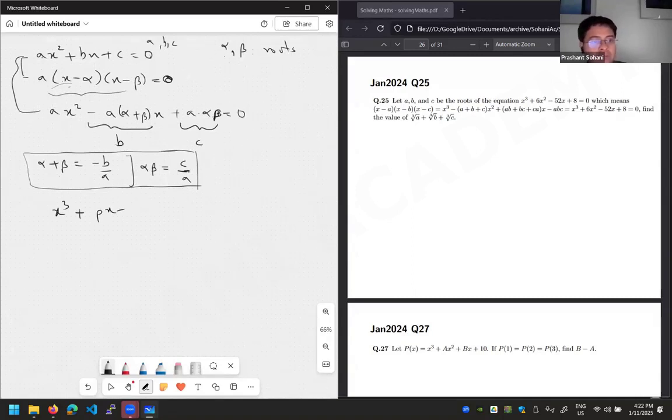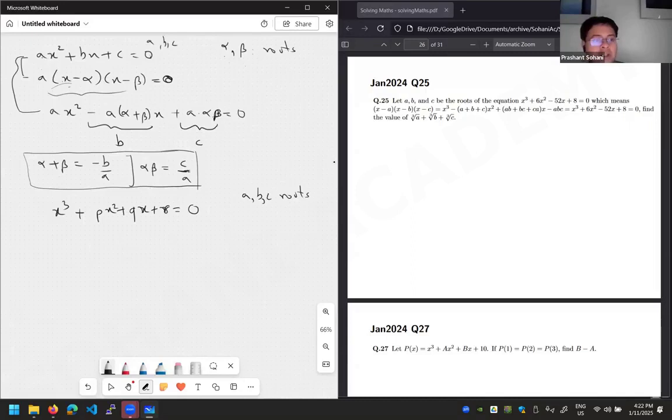Let us say the coefficients are p for x square, q for x, and r. So suppose this is your polynomial. And let us say the roots are alpha, beta, gamma. Or in this question, they use a, b, c. So let us use a, b, c only. Doesn't matter. Okay. So suppose your roots are a, b, c.